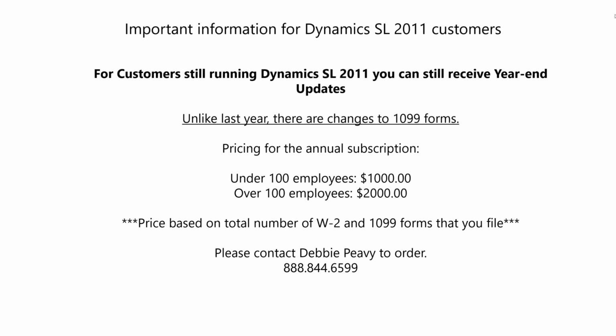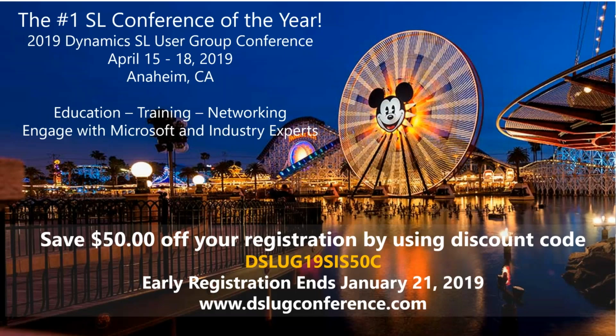Call Debbie Peavy and we can get that to you. There are some changes required for 1099s, and from what Jeff just mentioned, there are some small W2 changes, and we can help you with that. If you're on SL 2015 or 2018, you're in good shape.